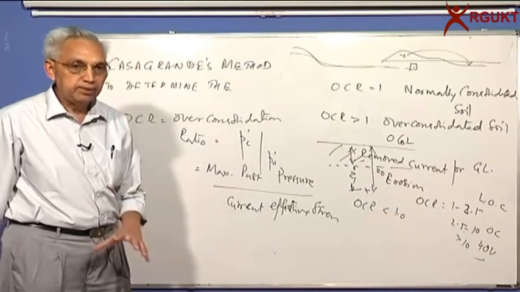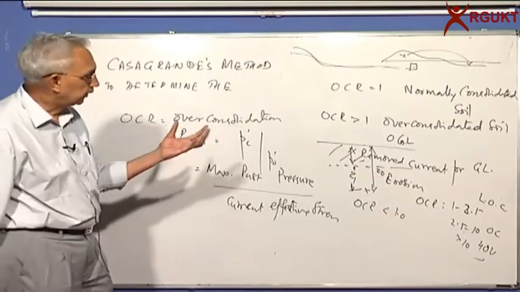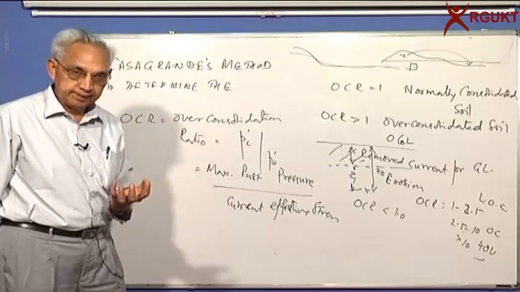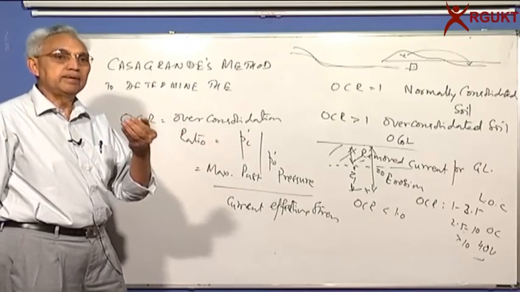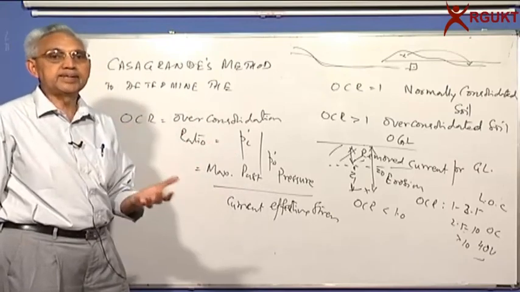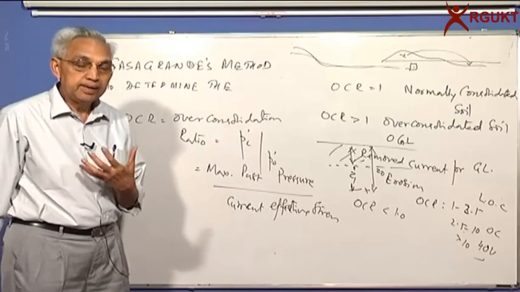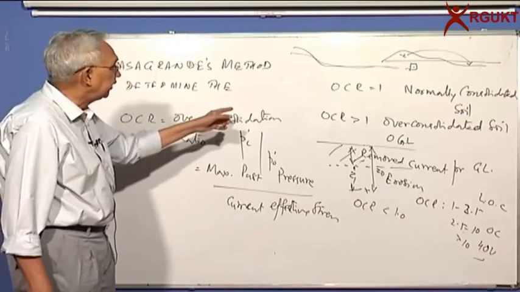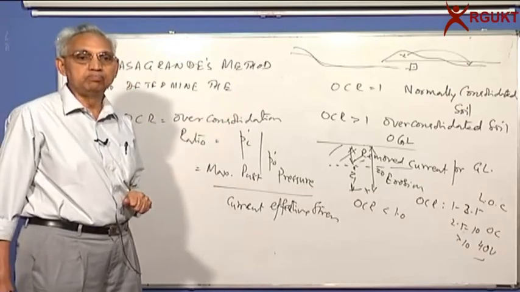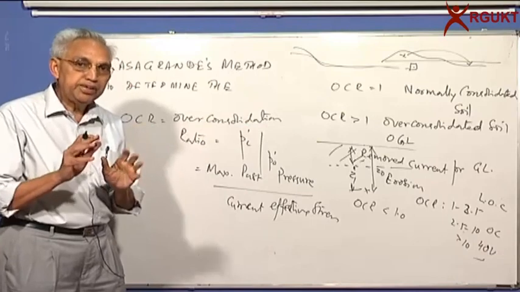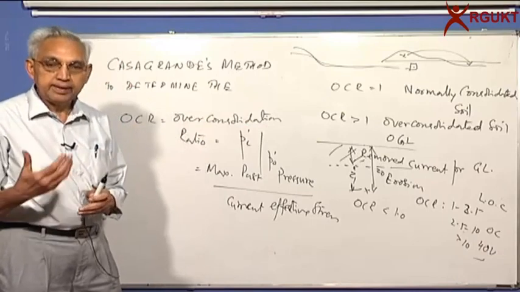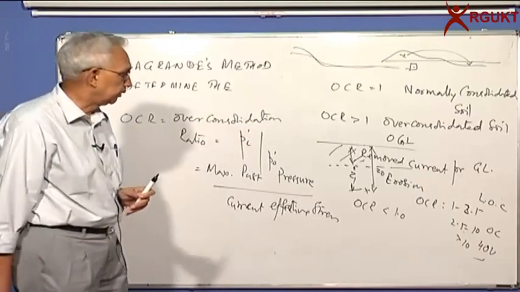So what you found now is that soils can exist in a state where the current stress is less than the maximum past stress. And soil has an ability to remember, and it shows by this construction. That is one of the very unique features of soil, that it can remember the maximum past pressure.